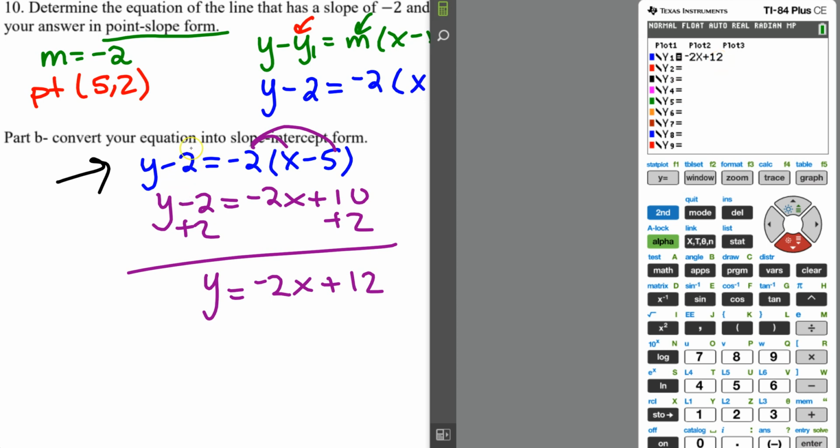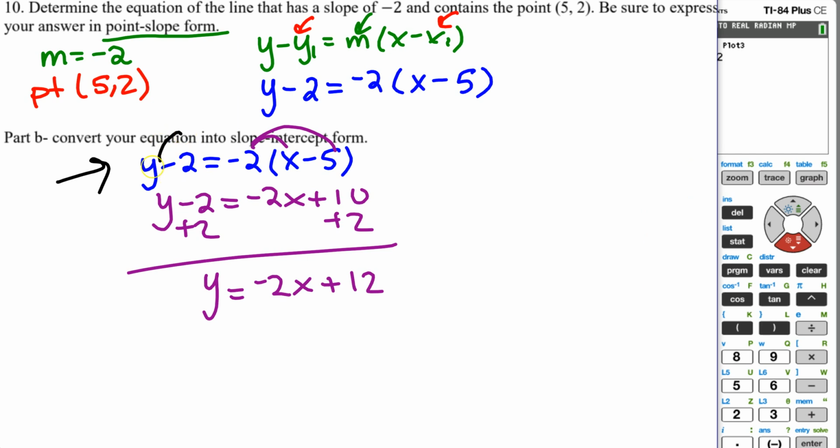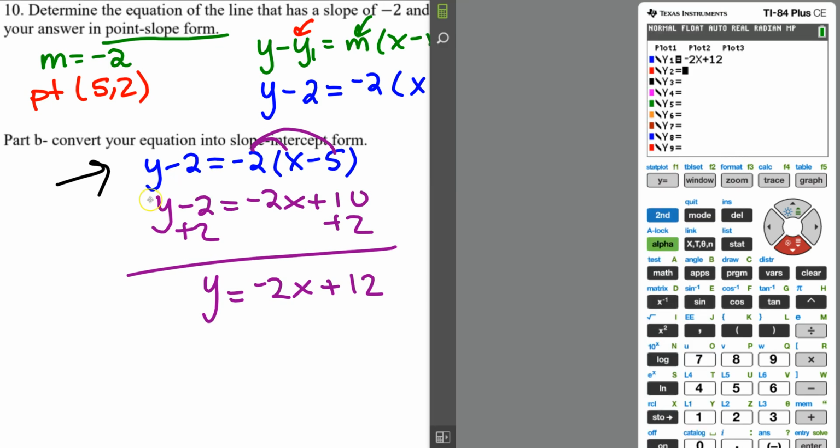So in order to get rid of this right here, this -2, you're going to add that over to the other side so that y is by itself. So when I add that -2 over, we have y equals -2 multiplied by x minus 5 plus that 2 from the other side that we added over.